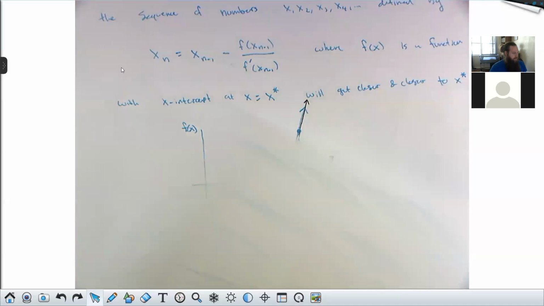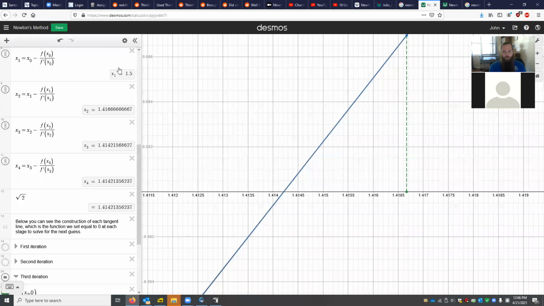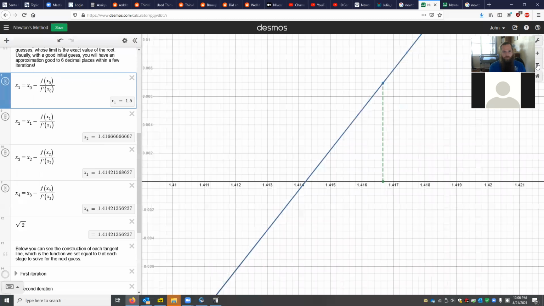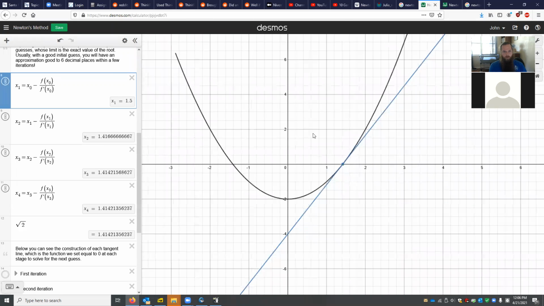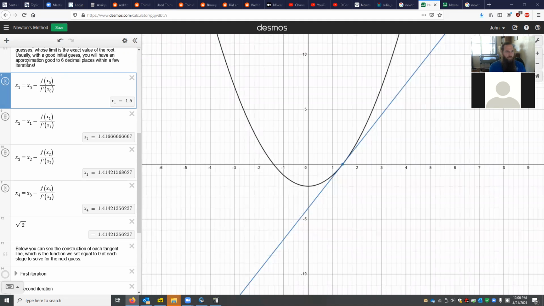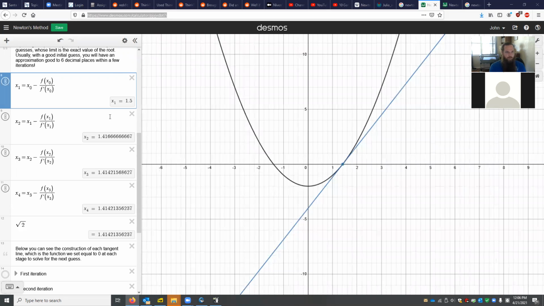If you want, I'll link you to this Desmos applet for Newton's method. This is actually pretty good. Spend some time on this, where you can follow as many iterations of Newton's method as you want. I'll send it to everybody. It's pretty cool.